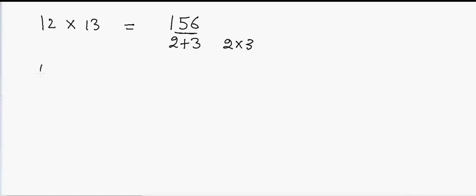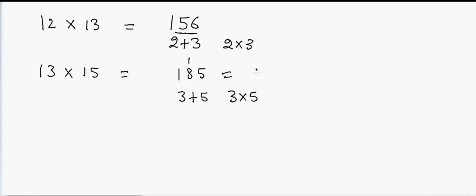Again, if I have 13 and want to multiply by 15, then it will be 3 plus 5, that is 8. So we'll write an 8 here, and 3 into 5, which is 15. So I have 5, 1 and 1, so that will give me 195.